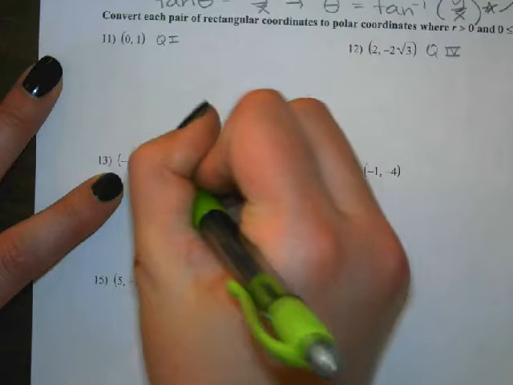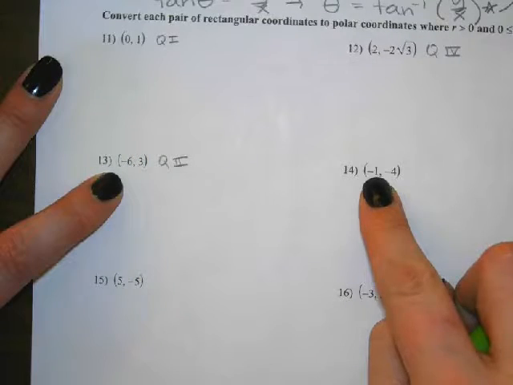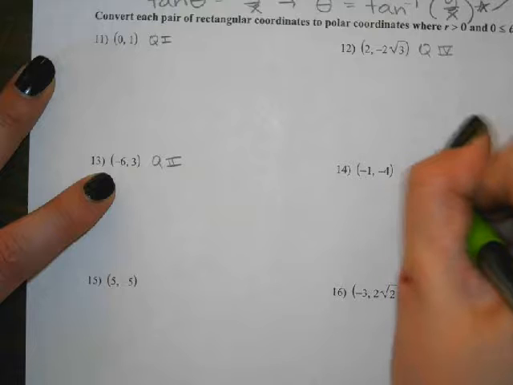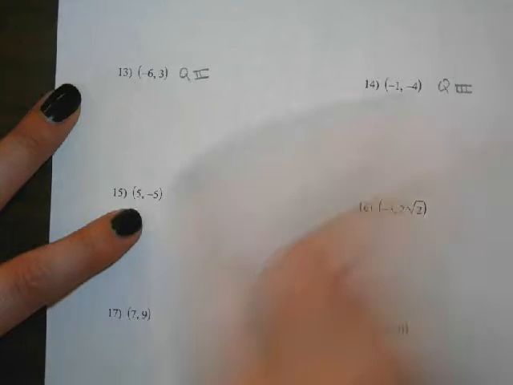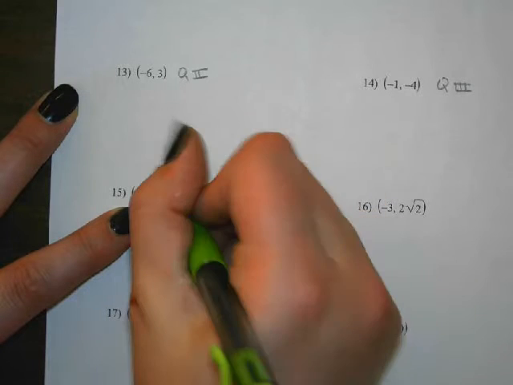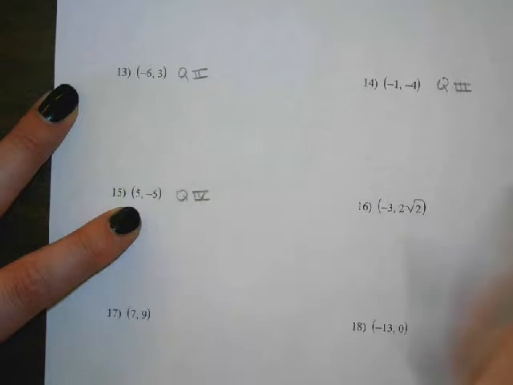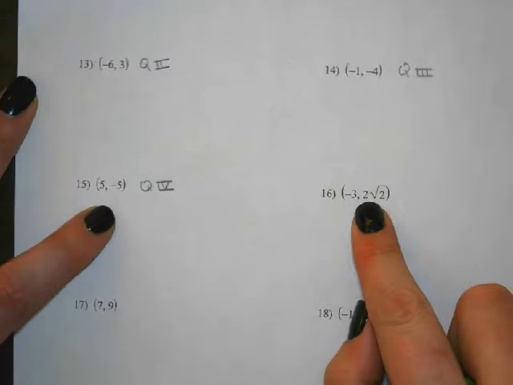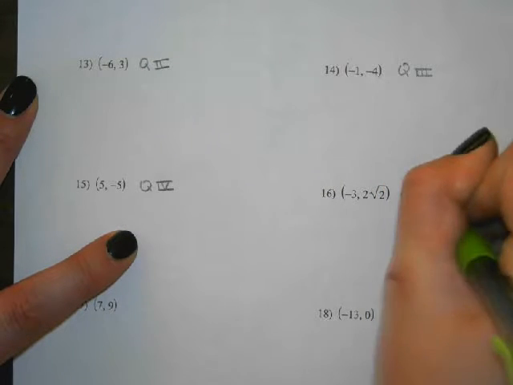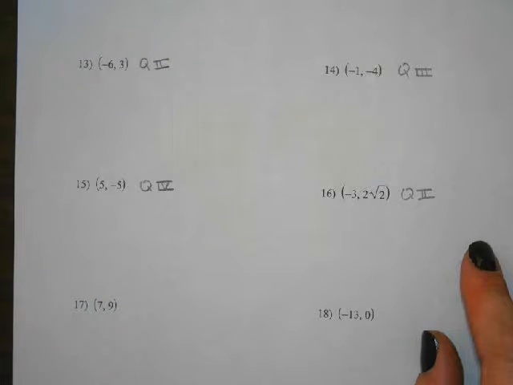Quadrant 2. This one goes to the left and down. Quadrant 3. This one goes to the right and down. Quadrant 4. This one goes to the left and up. Quadrant 2. Okay, so do you see how we're thinking about that before we get started with the problem?